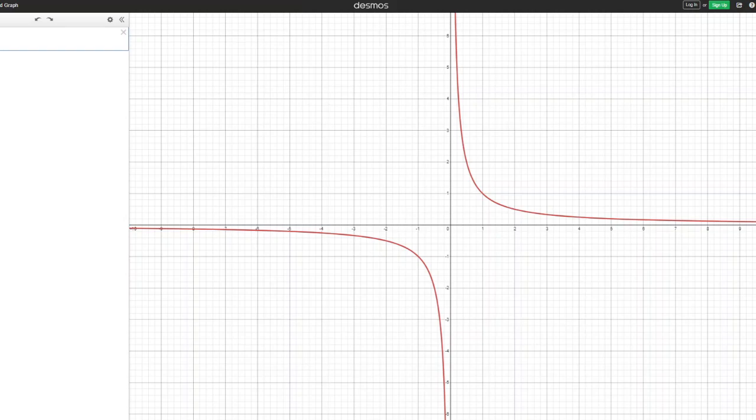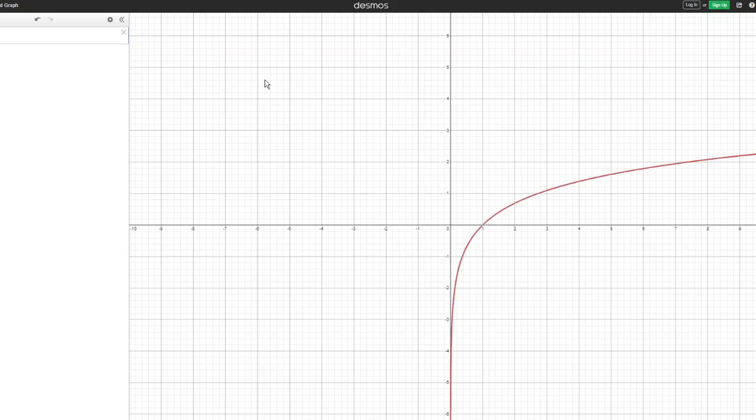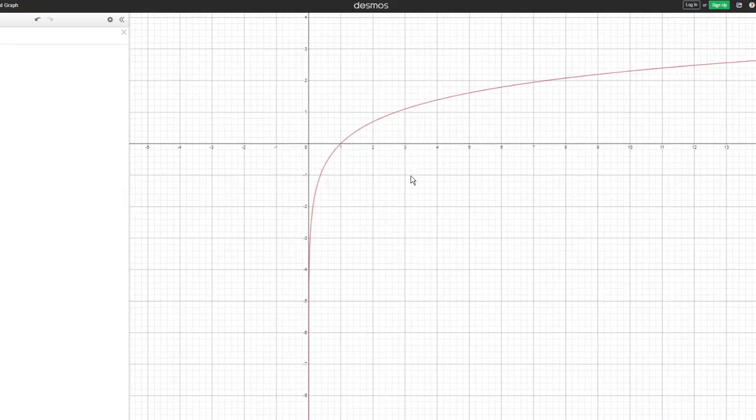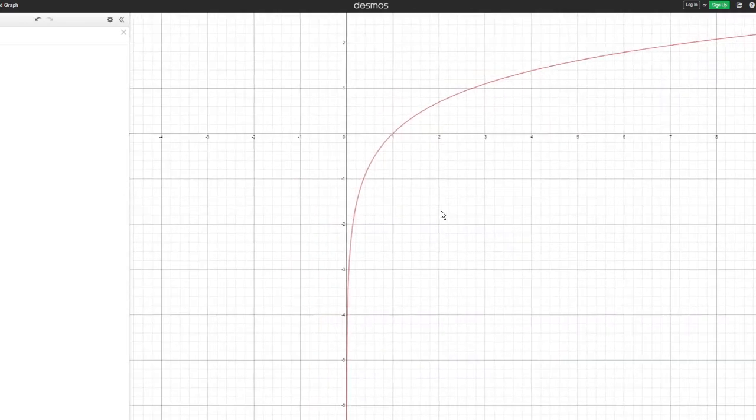If you look at the graph of natural log of x, you see the function natural log of x is undefined at 0, right? Actually, the vertical axis is a vertical asymptote.